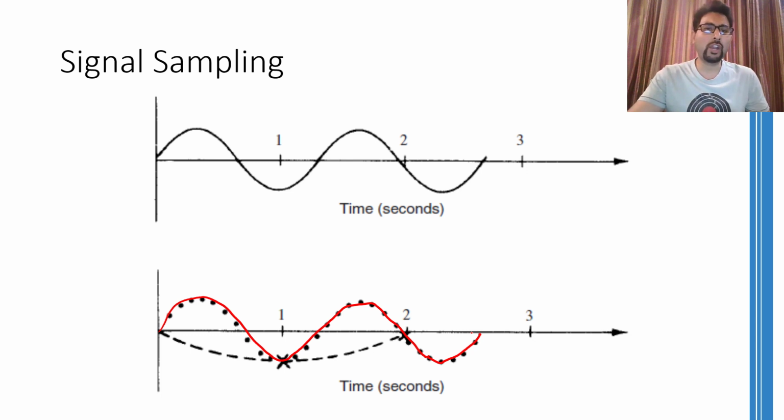Whereas if you use a lower sampling frequency, that is, you choose fewer samples in a unit second, then the analog signal will be represented by this curve in the digital domain. Over here you can see that the samples are coming after quite a while. The first sample came somewhere over here, the next sample came over here, and then the next sample came at this time, and so on.